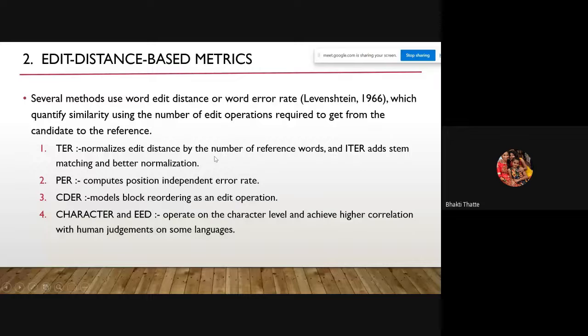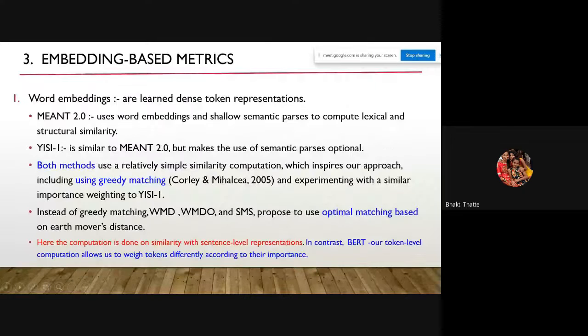Embedding based metrics use learned dense token representations. So MEANT 2.0 and YiSi use greedy matching for their computation, whereas WMDo and SMS use optimal matching for their work.